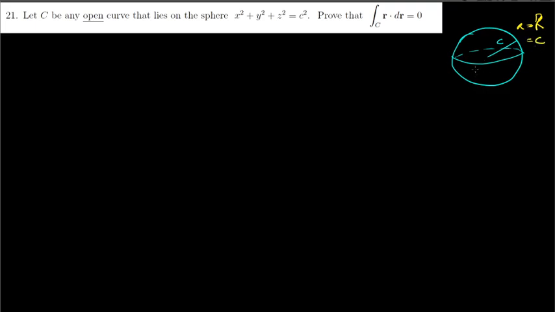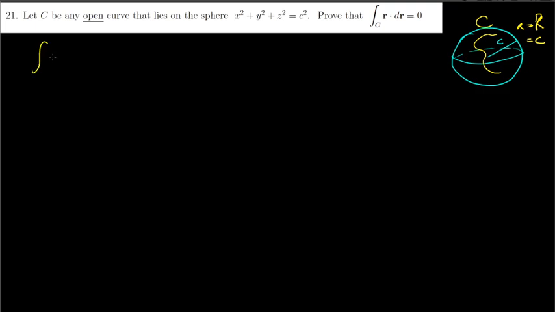So imagine some curve on the sphere. It could just be the equator. That's a curve, right? But you can imagine any curve on the sphere here, starting at one point and ending at another point. So that's my curve. Oh, maybe I shouldn't use c here. Capital C for the curve. Okay.